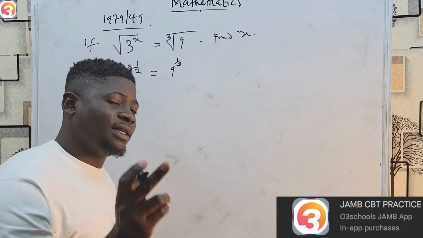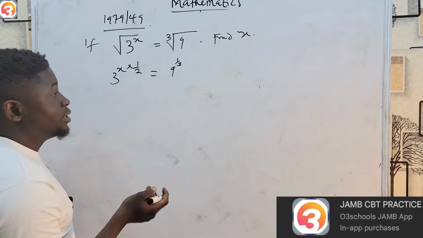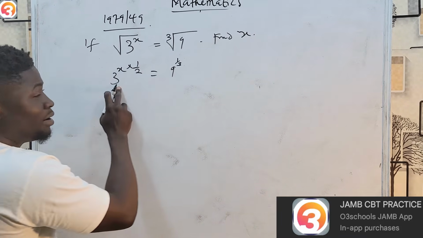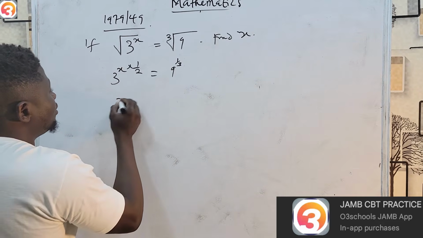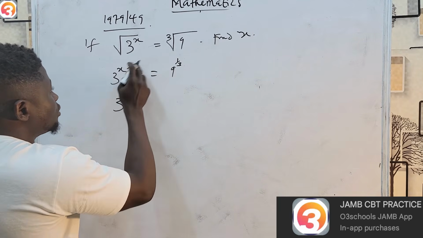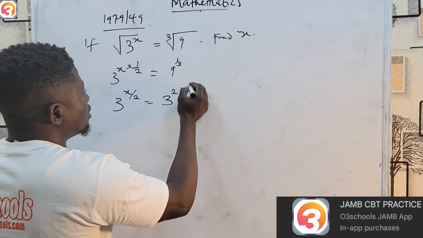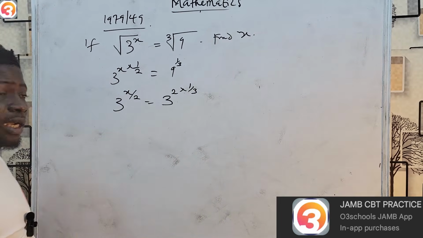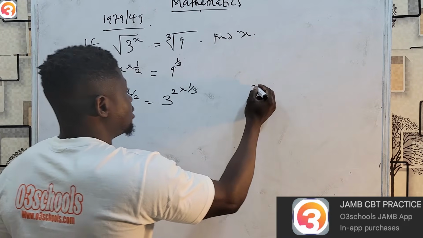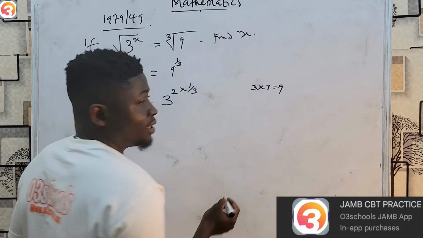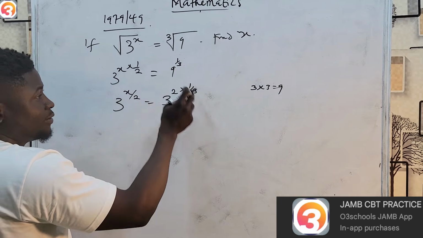Can we express 9 in power of 3? Yes. So x times 1 is x over 2 is equal to 3 raised to power 2 times 1 over 3, because 3 times 3 is 9.